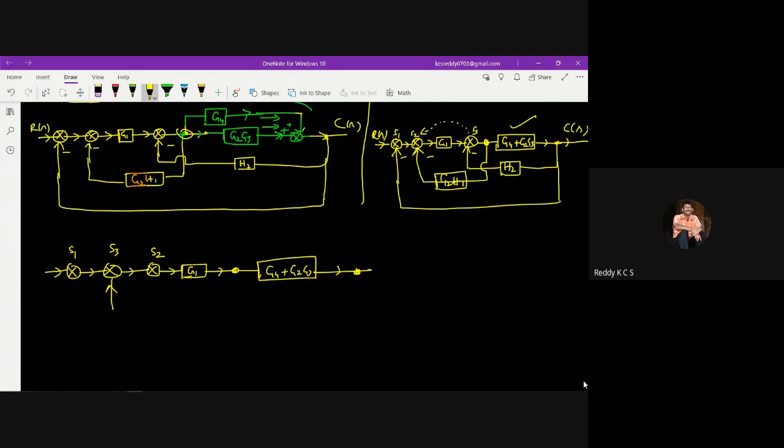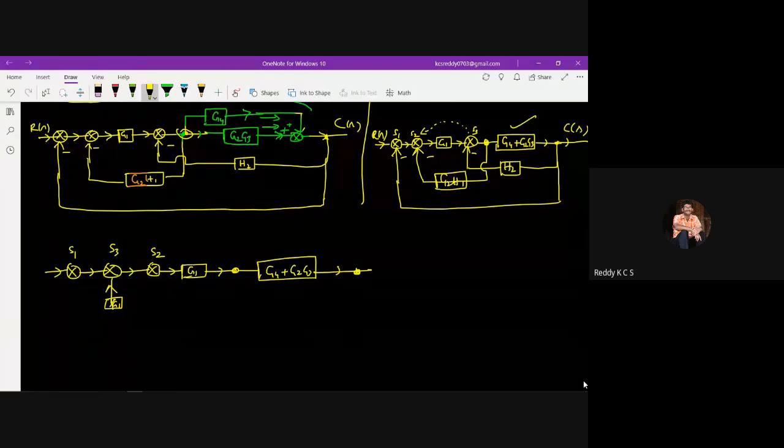So over the G1 block I am shifting the summing point 3. So the reciprocal of this G1 will come in series with this S3 signal. So 1 by G1 comes into this S3 signal, and then H2 will be there here.